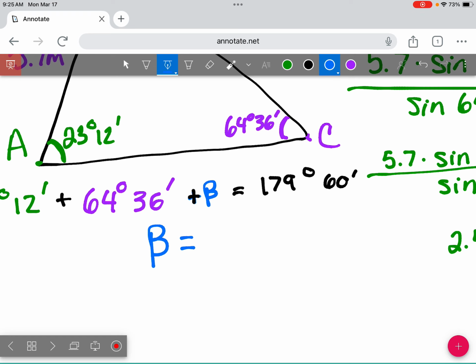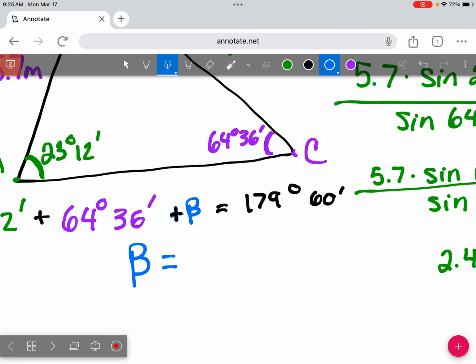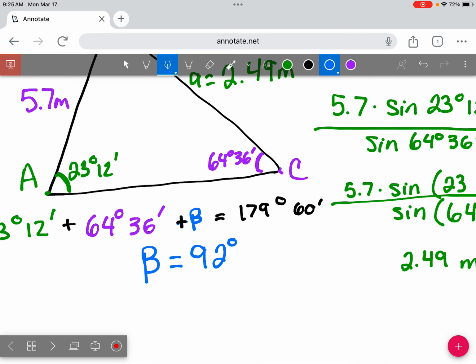What is our angle beta going to be? 92. So we're 92 degrees. And how many minutes? Close. 12. 12.